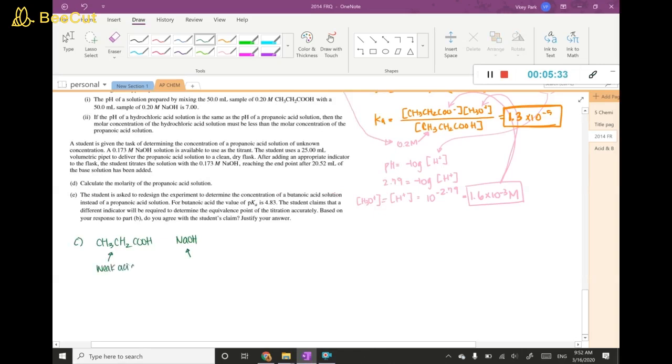Do you remember from memorizing all the strong and weak acids in my previous video? Yes, so that's a weak acid, right? And NaOH happens to be a strong base. So if you have a weak acid and a strong base getting together and they're fighting, which one's going to win? The strong one, right? So the solution ends up being more basic than neutral.